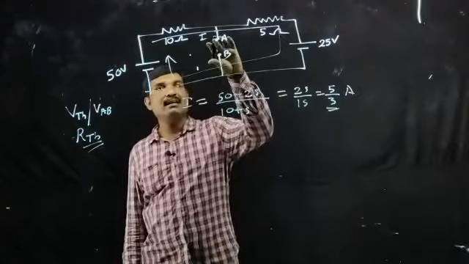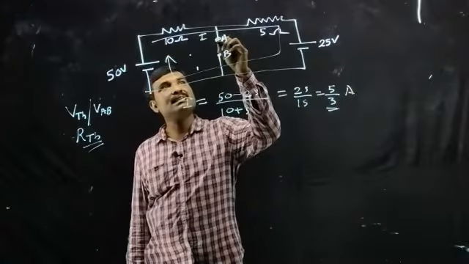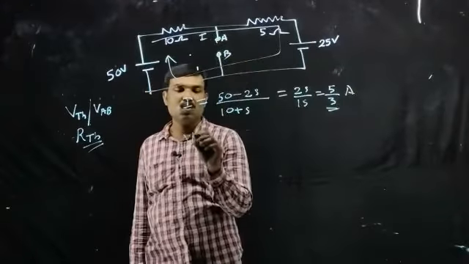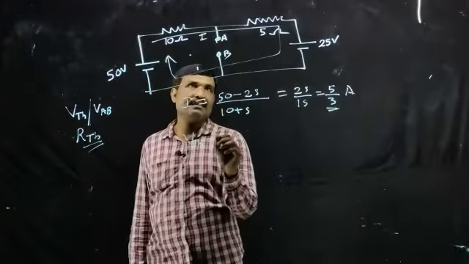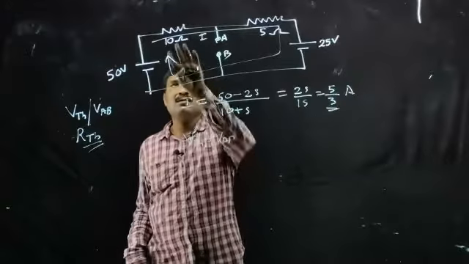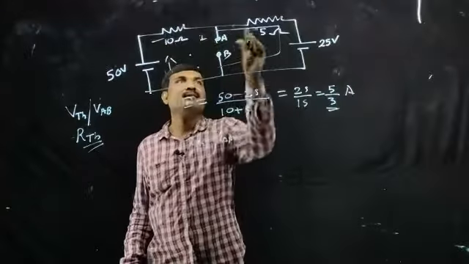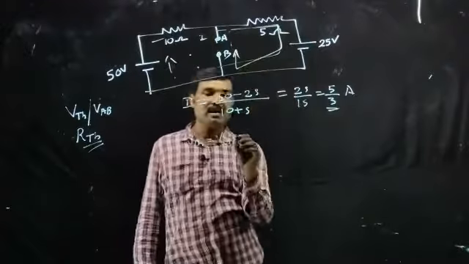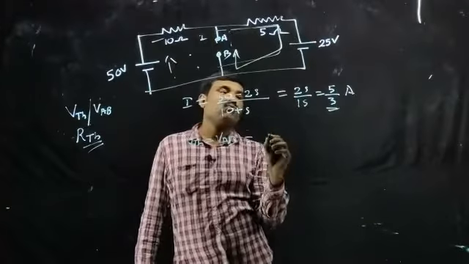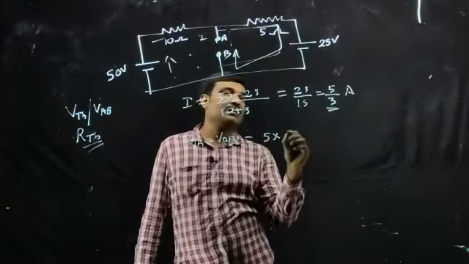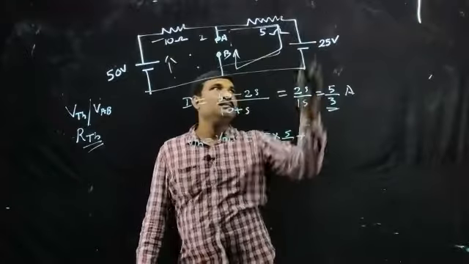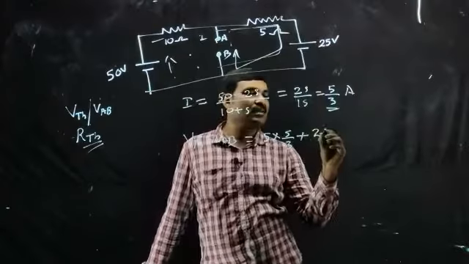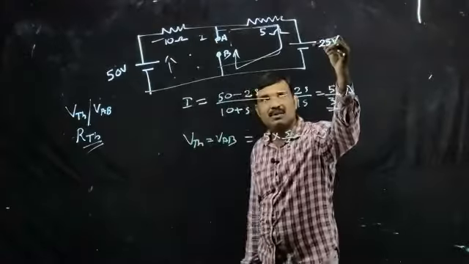Now, we want to determine VTH and RTH with respect to this terminal. So, what is VTH? That is equal to VAB. So, we can consider this loop for determining the value of VAB. VAB is equal to 5 into this current, that is 5 by 3, plus this voltage, 25, since we are moving from positive terminal to negative terminal.